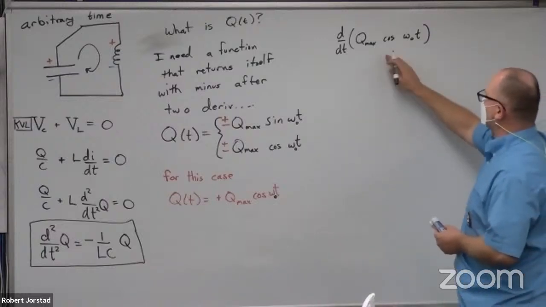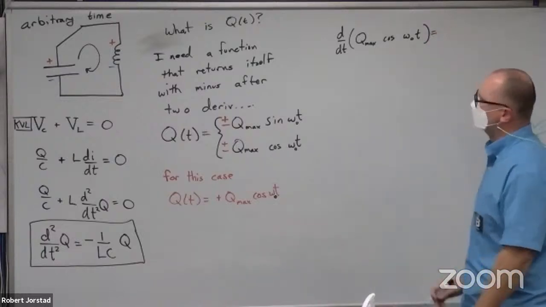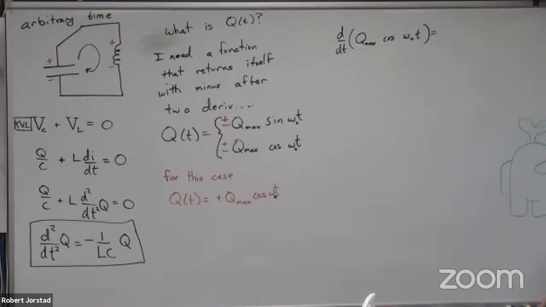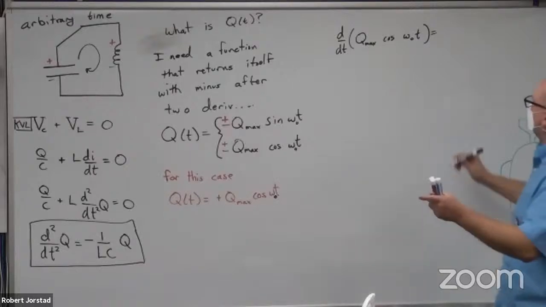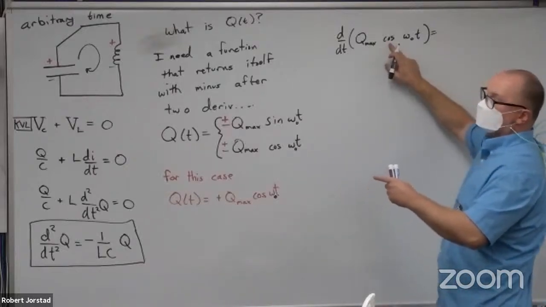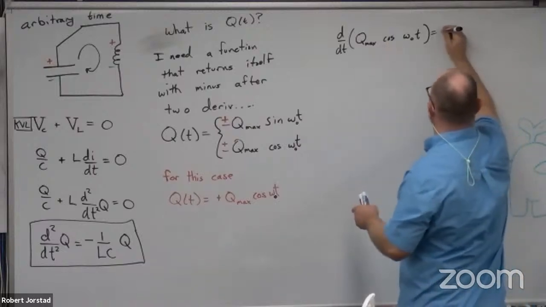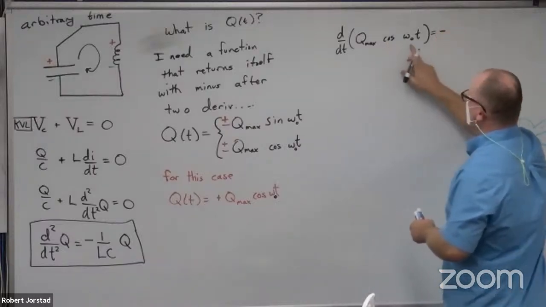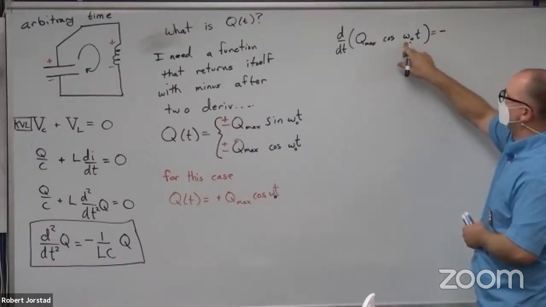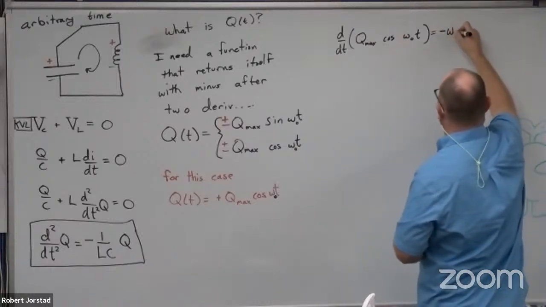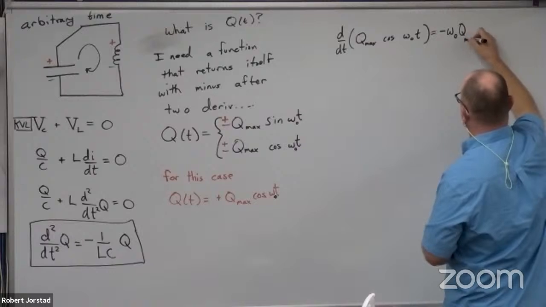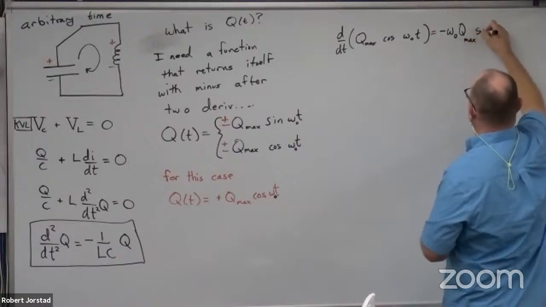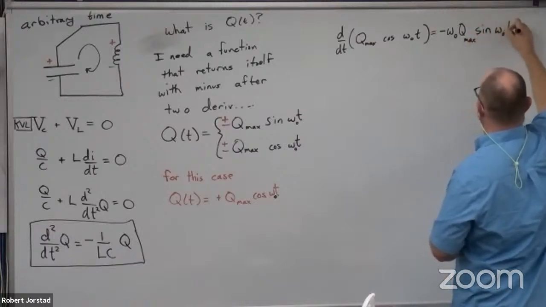What do we get when we take the derivative of this? The derivative of cosine gives a negative sign, so I get a negative. What happens when you have a constant inside? It pops out, so it's going to be negative omega naught Q max sine omega naught t.